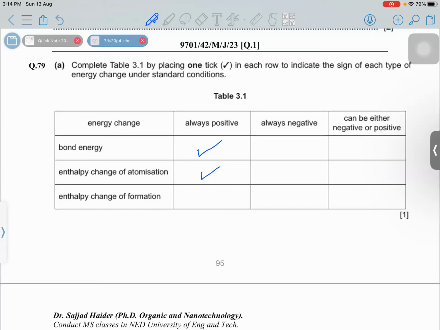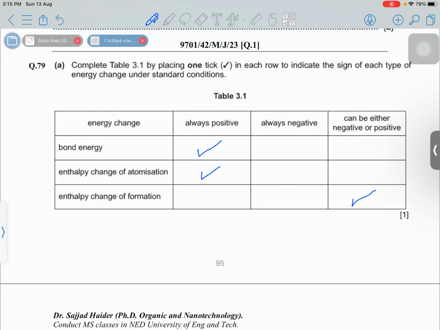Because sometimes bond breaking is greater, sometimes bond forming is greater. That's why sometimes bond formation is endothermic, sometimes exothermic. It depends on the bond breaking and bond forming energy, as you have studied in AS chemistry. Are you getting my point or not?